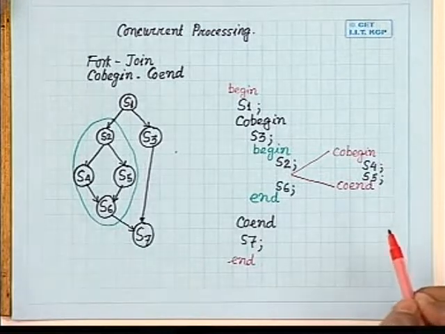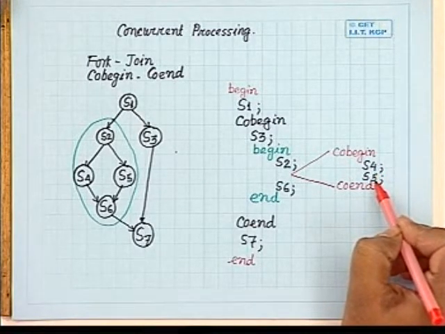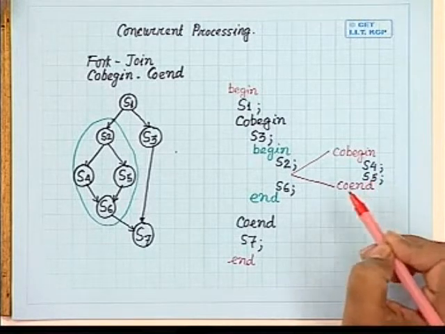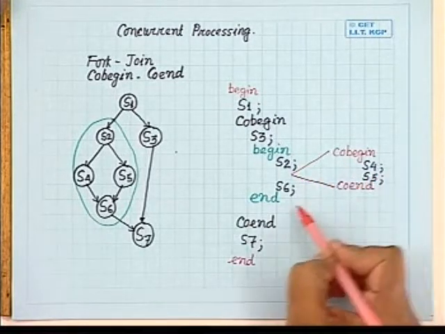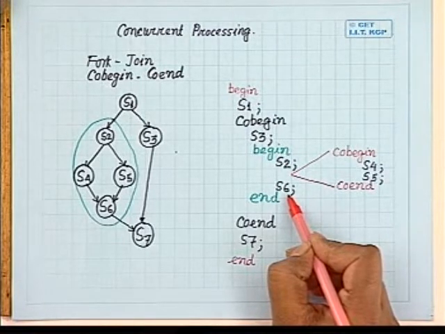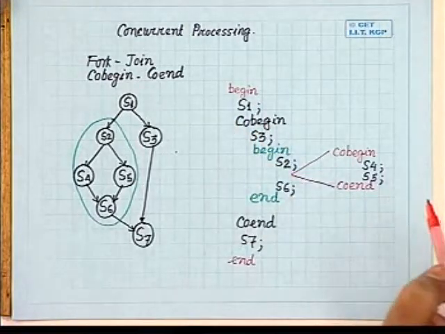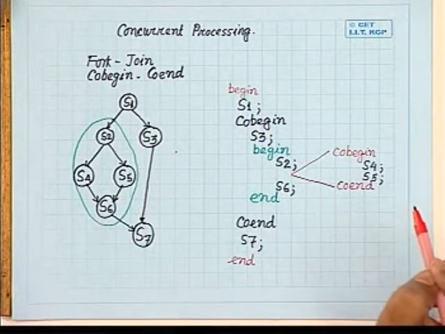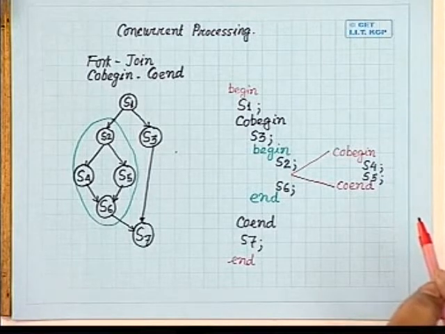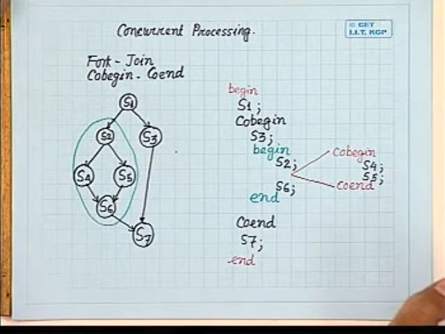When both S4 and S5 are complete, this child process will wake up again and execute S6. So you can ascertain that the sequential part of the program is always executed by the parent process, which is not ensured in case of fork join structure.